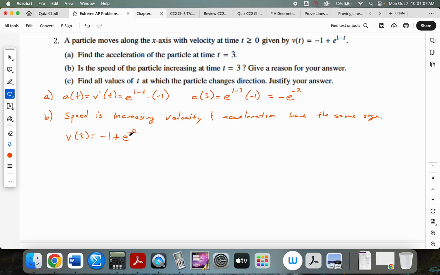So if I put 1 over 2.7 squared, that's going to be a really small positive number. Plus negative 1, that's negative. And a of 3, which we found to be negative e to the negative 2, is also negative. Therefore, yes, the speed of the particle is increasing.